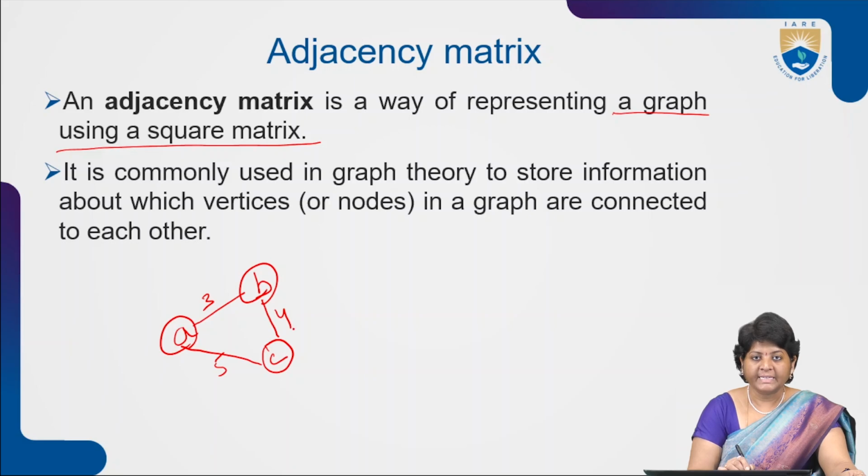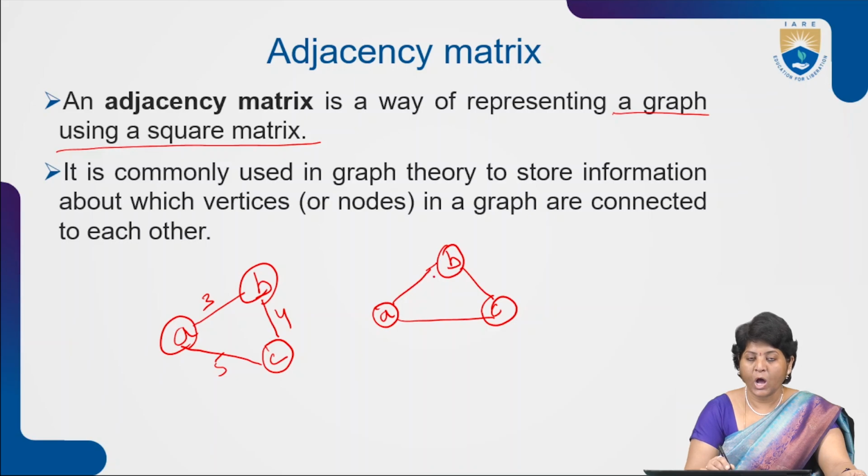If there are no weights, how will we represent this graph in matrix representation? Same graph, A, B, C vertices and edge connections E1, E2, E3.